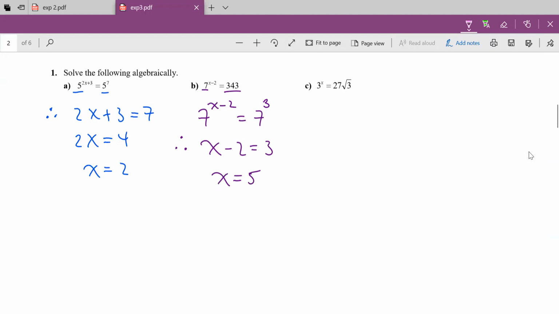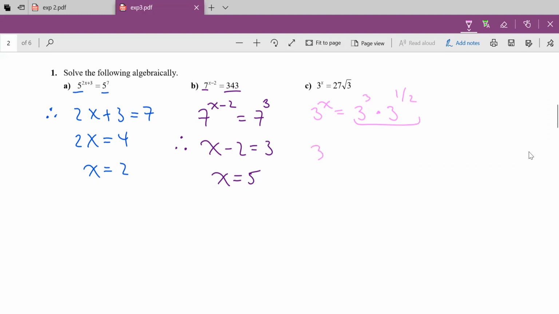Okay, C. Let's go to, oh, pretty pink for C. What we're going to do here is I need to remember something from way back in grade 10, actually. First thing I'm going to do is change 27 into 3 cubed. Yeah, no problem. But then what I need you to remember is a square root is an exponent of a half. Now, I see all of these have a base of 3, but I can't just look at my exponents quite yet because there's 2 terms on this side.